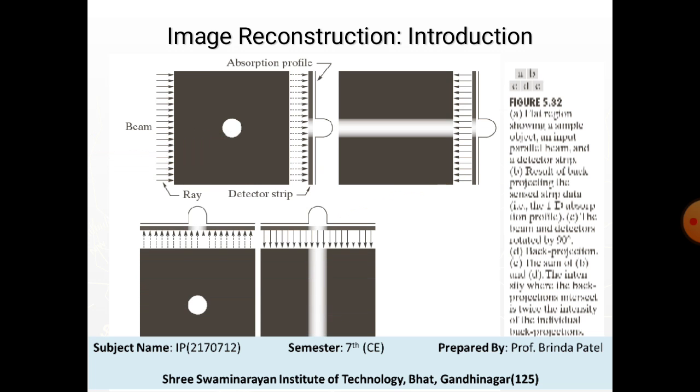Now if we rotate the position of the source and detector pair by 90 degrees, repeating the procedure, we get the back projection image in the vertical direction. Here we can see it like this.